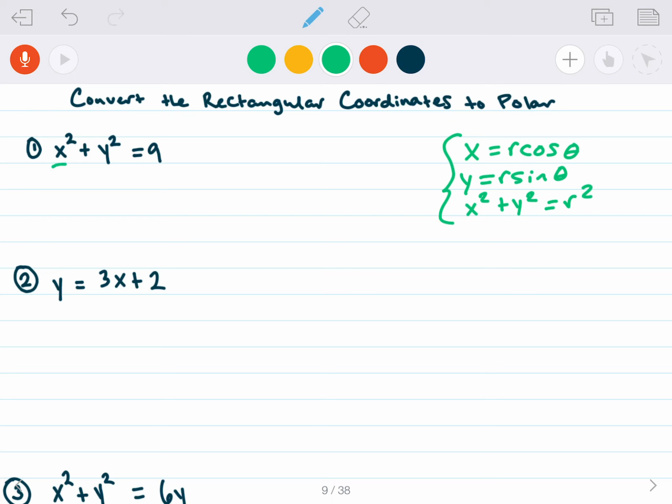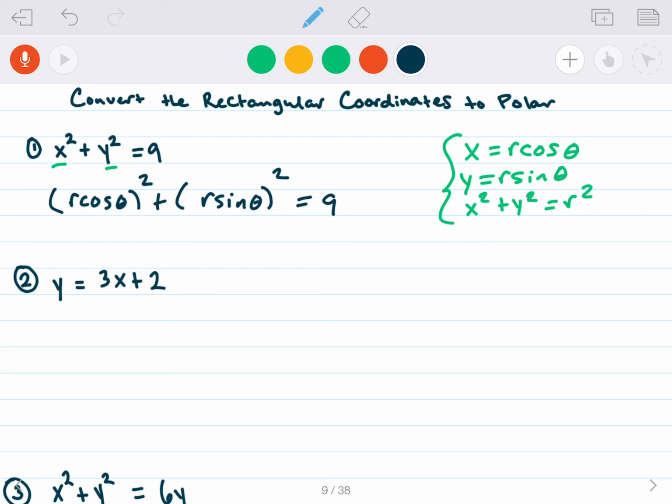Now I see x's and y's. So let's go ahead and sub in x is r cosine theta and y is r sine theta for x and y. So we have (r cosine theta) squared plus (r sine theta) squared equals 9.